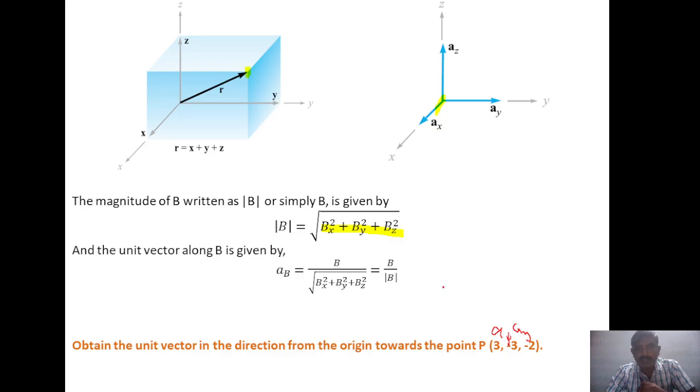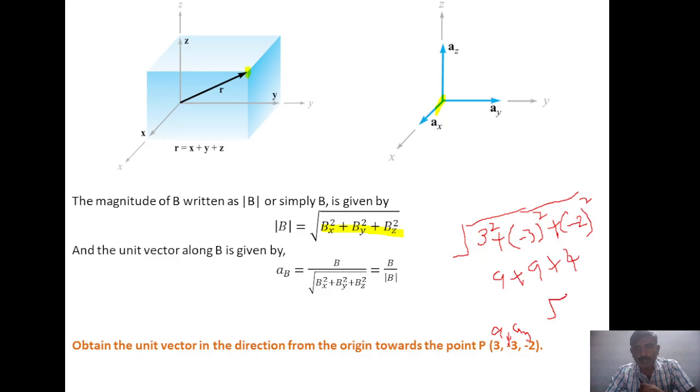So you can write the magnitude of vector P equal to the square root of 3 square plus (-3) square plus (-2) square. So 3 square is 9, plus 9, plus 4.